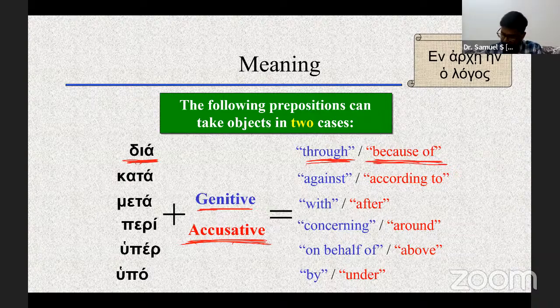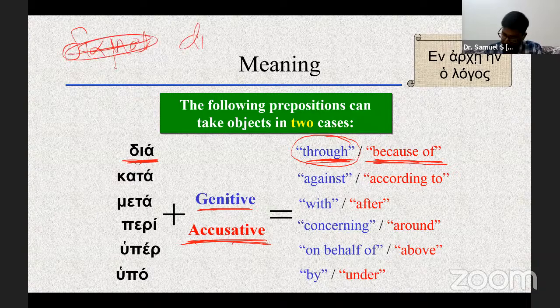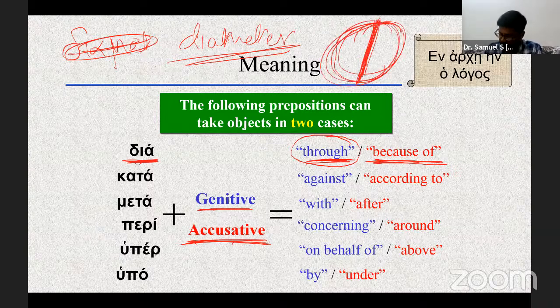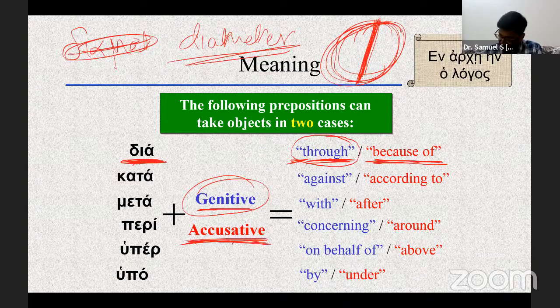This through idea is maybe easy for us to remember because we think of a diameter, right? The diameter goes through the circle, right? So that is easy for us to remember. Dia has the idea of through with the genitive case. But with the accusative case, it's giving reason, because of.